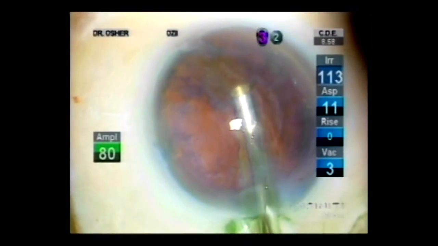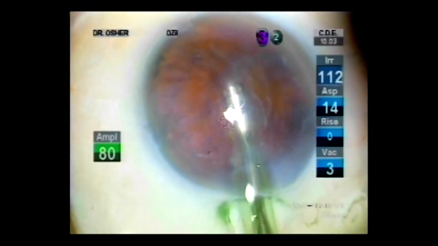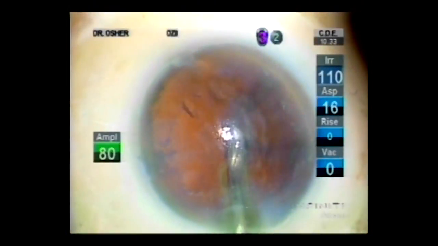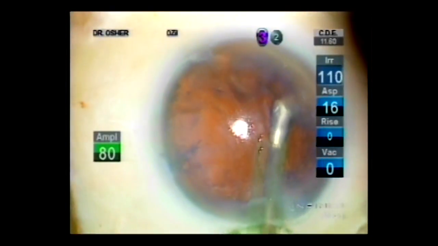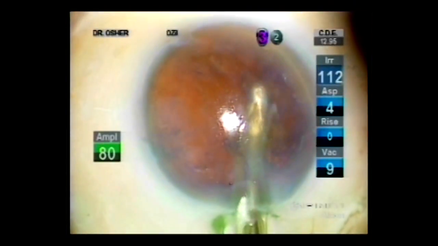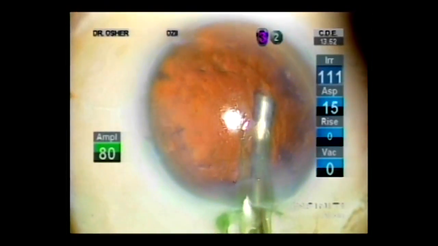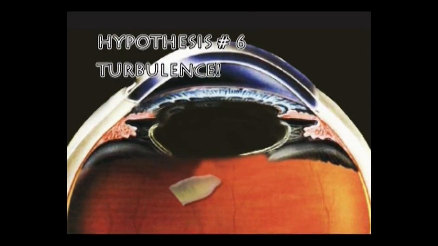Yet when we turn down the aspiration rate and vacuum, as in slow motion phaco, the nucleus can actually be emulsified on the anterior hyaloid face. A more stable chamber with a more quiet intraocular environment is more conducive to retaining the nucleus in the anterior segment.